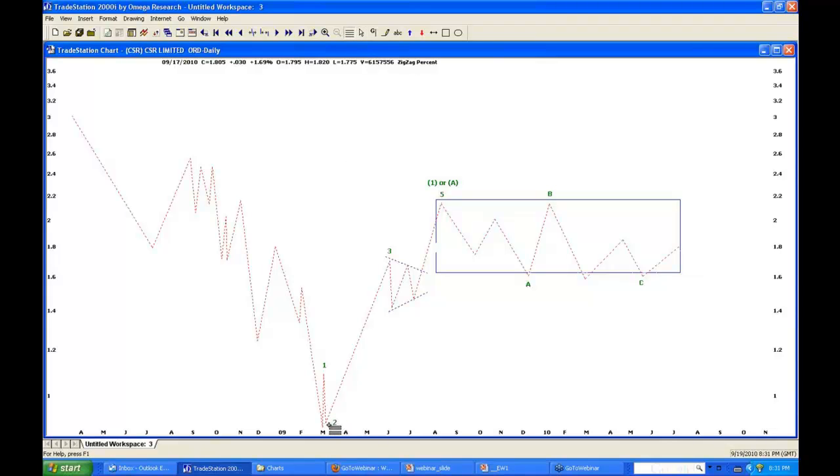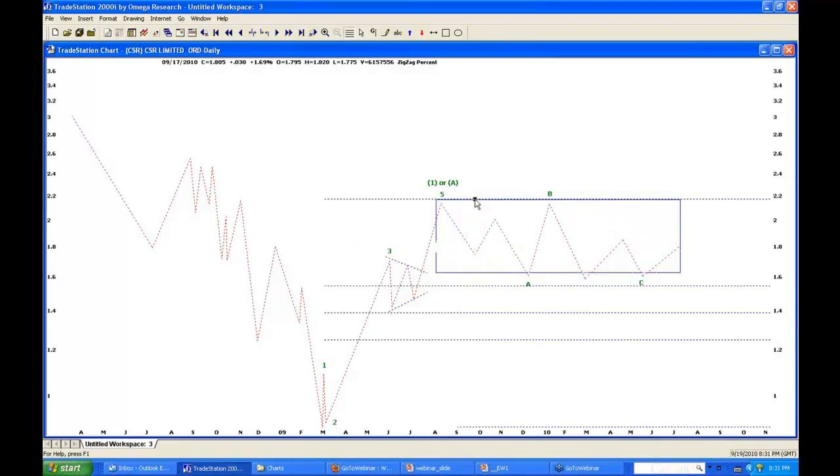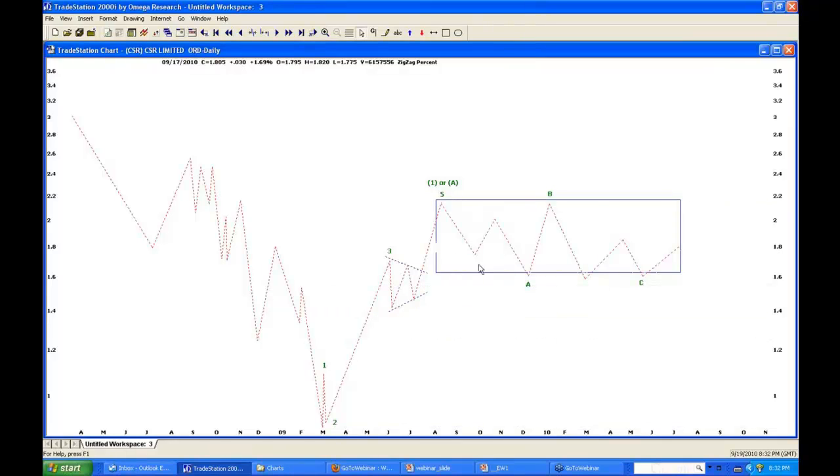But as it stands right here, sideways, shallow sideways, let's have a look at the Fibonacci on that. It hasn't even tagged the 38.2% retracement. So it's a very shallow retracement. It's not typical, but the fact that it's moved sideways for so long makes it very, very bullish. So it's just a matter of waiting for CSR to break up through the upside, 220, and away you go.